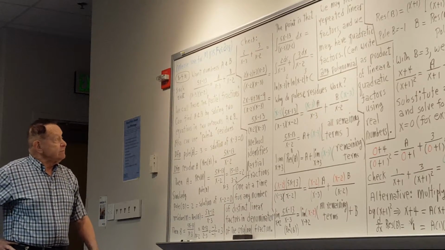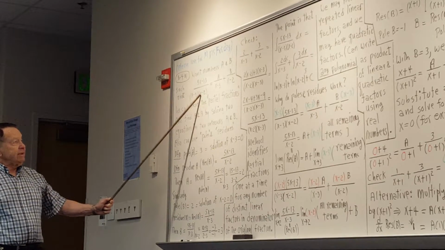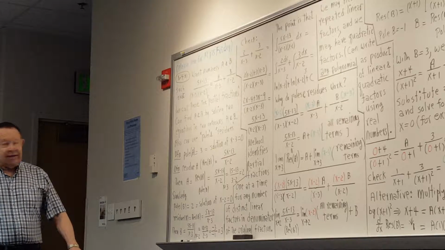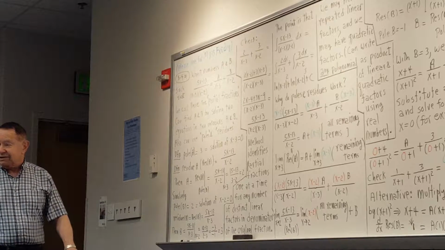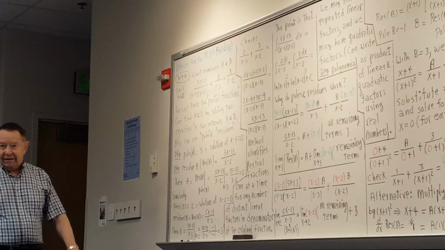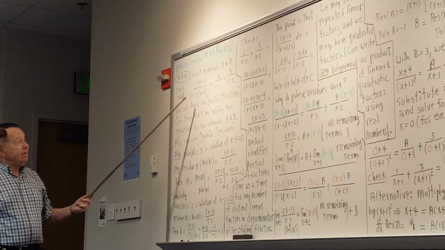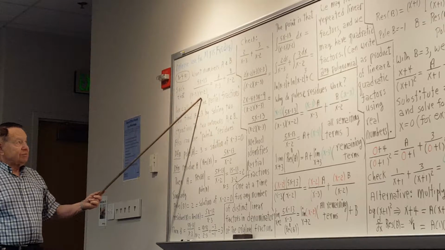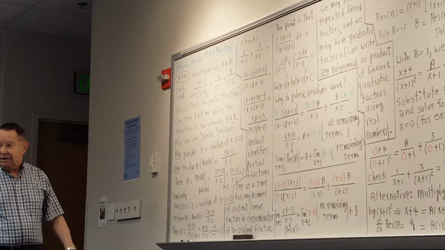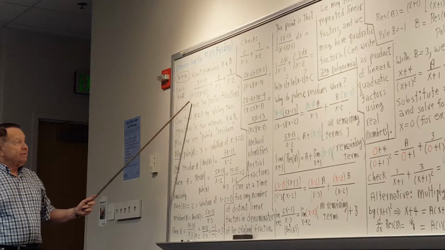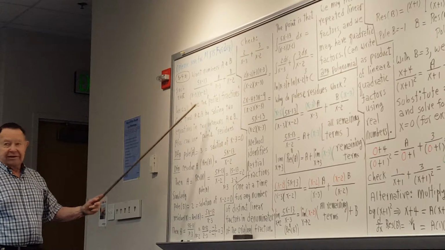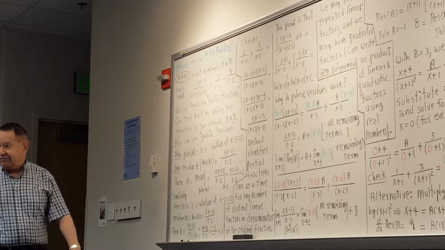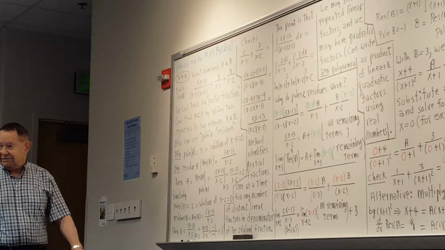So for distinct linear factors, poles and residues is really pretty slick. If you have something else, you might have some linear factors repeated. You might have some distinct linear factors, and you might have quadratic factors.